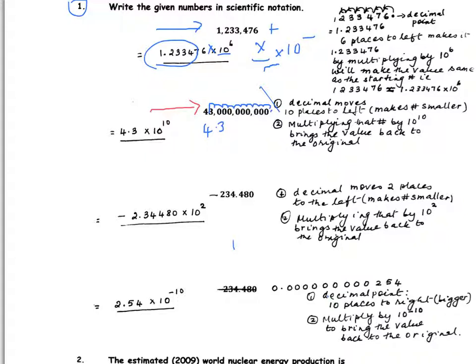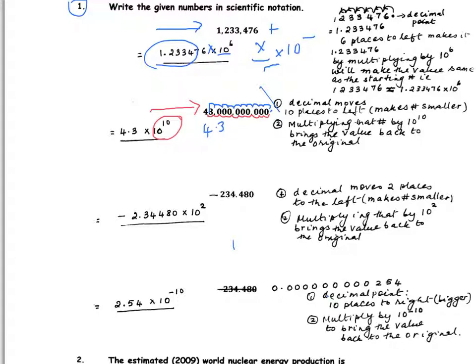So we write our number in scientific notation as 4.3, but we can't stop there. We need to make sure that what we just did by moving the decimal point to the left by 10 places is undone by moving the decimal point to the right by 10 places, and that's exactly what this 10 to the 10 does.